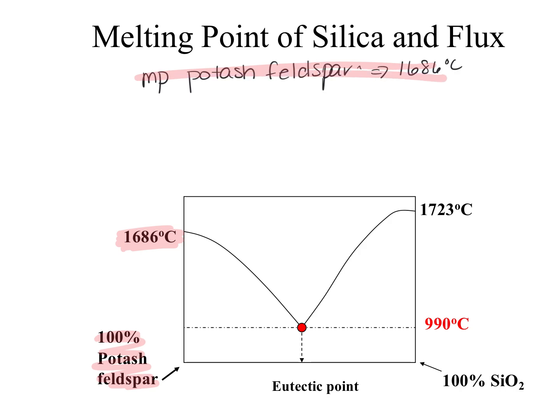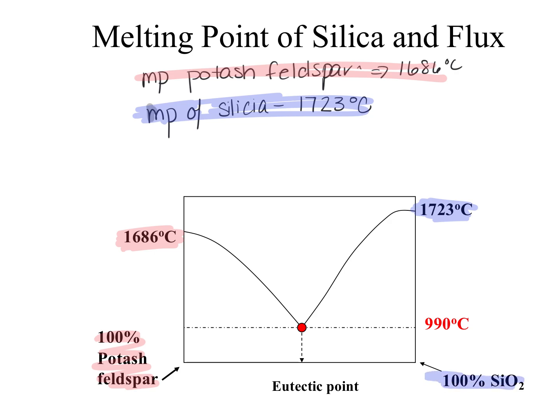Then if you look on the other side, we've got the melting point of silica, and that is 1723. Okay. And so if we look over here, this is 1723, and that's 100% silica.